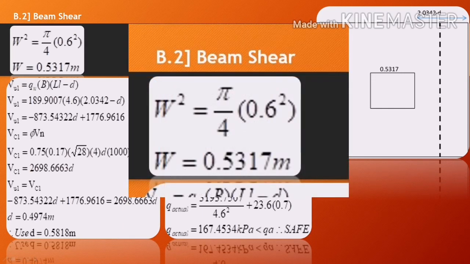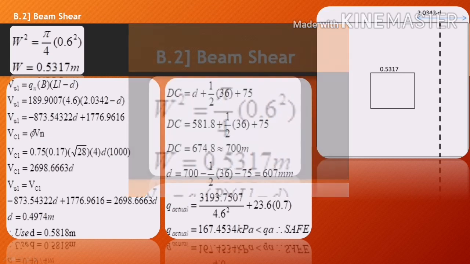W squared is equal to pi over 4 times 0.6 squared, which gives us the value of W, which is 0.5317 meters.